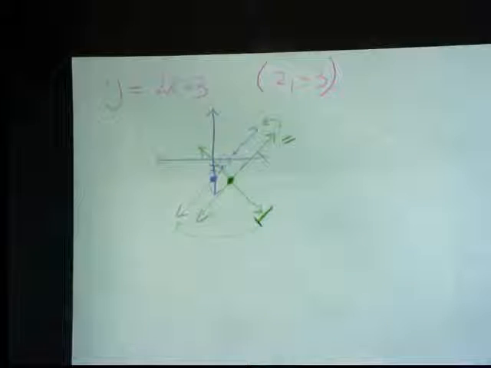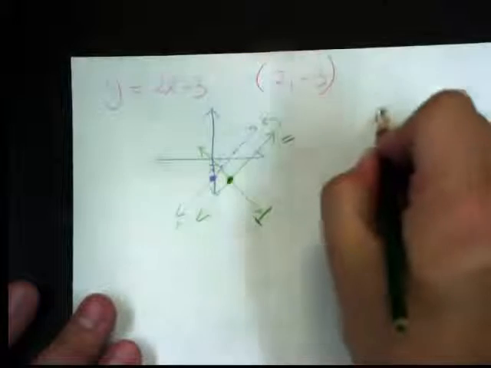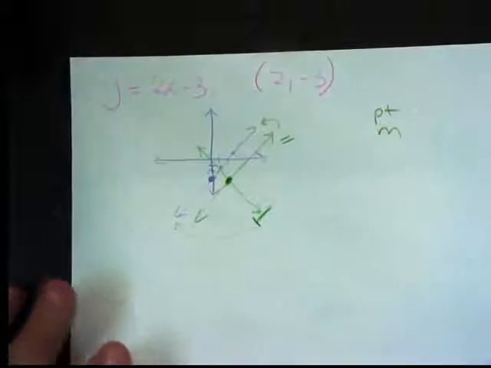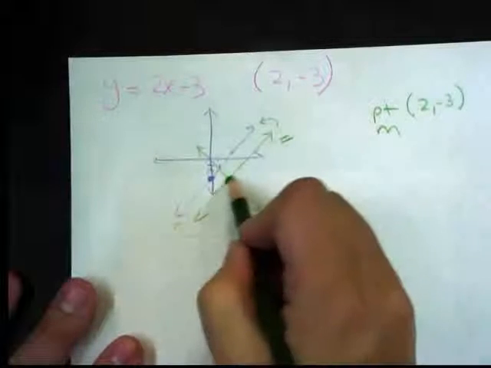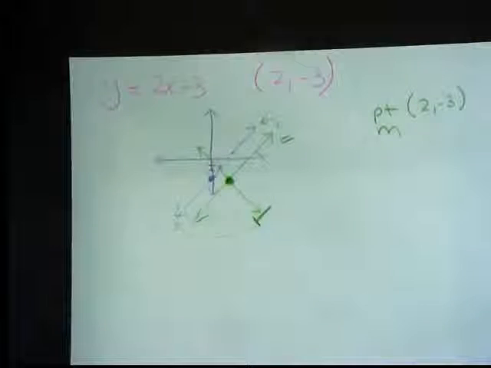Okay? So in order to use the point-slope formula, though, we have to know a point and we have to know a slope. Well, the point is given to us. This is the point that is on the parallel line, and it is on the perpendicular line, so we don't have to worry about it. The slope, well, that's what we got a couple days ago.